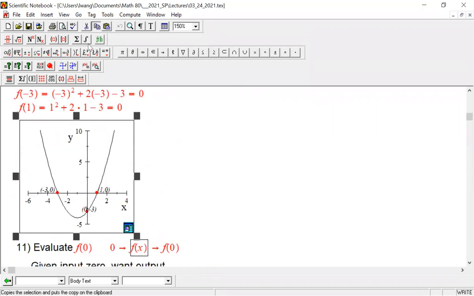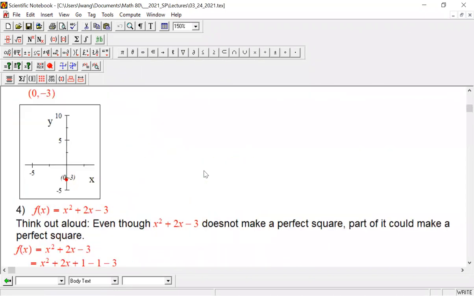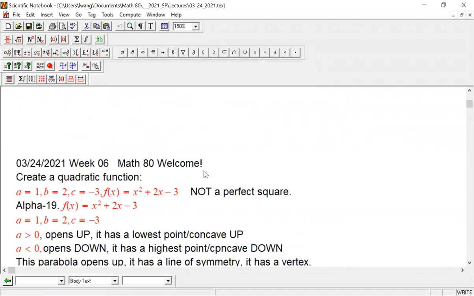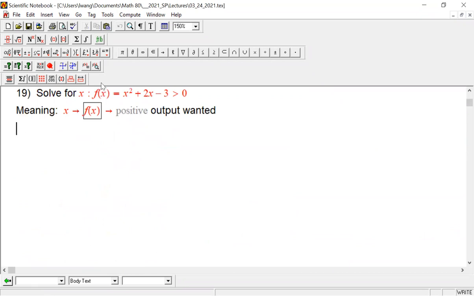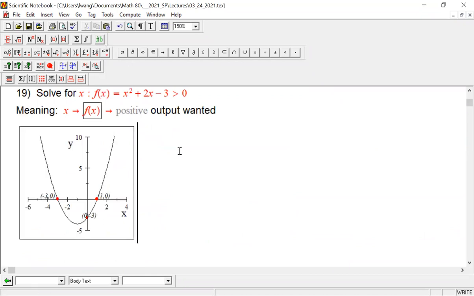I'm going to take this picture and bring it here. Still understanding the meaning, we want the output positive. So where do we find positive output? We know outputs are vertical values from the curve.